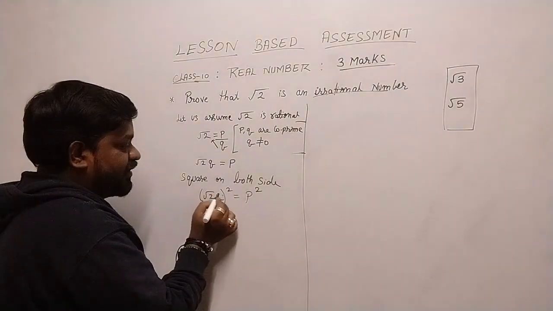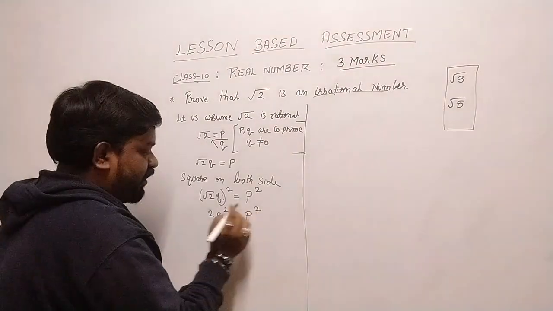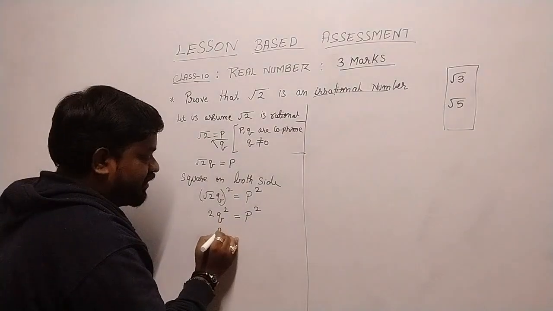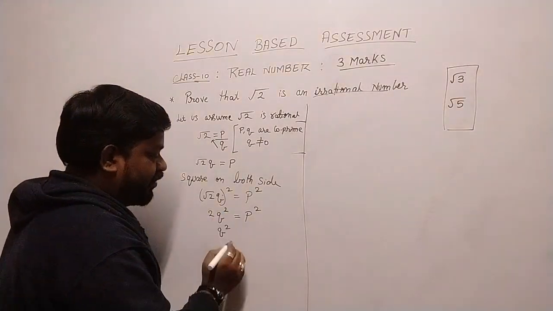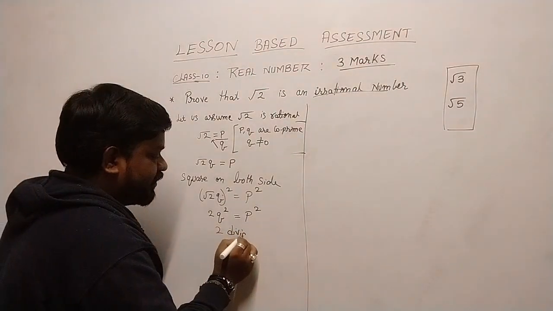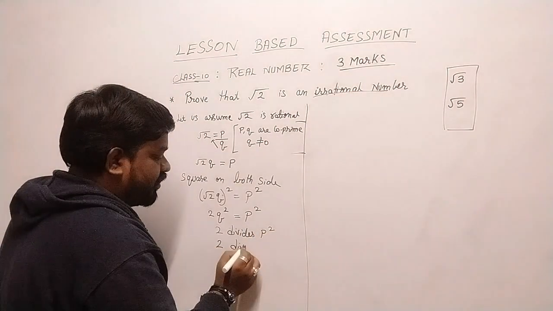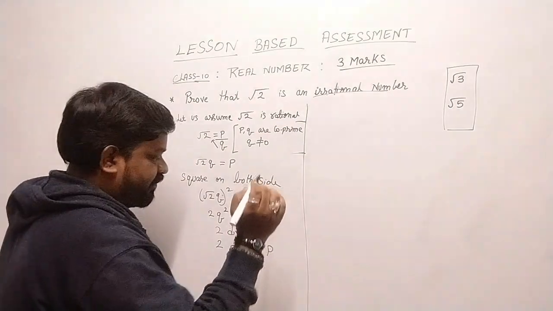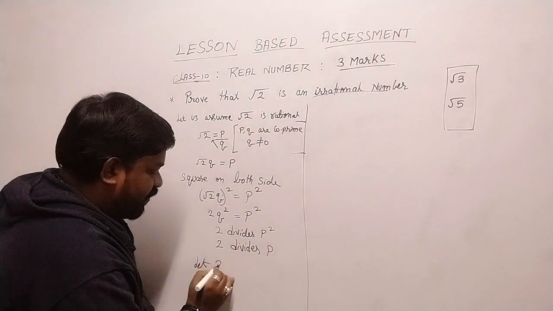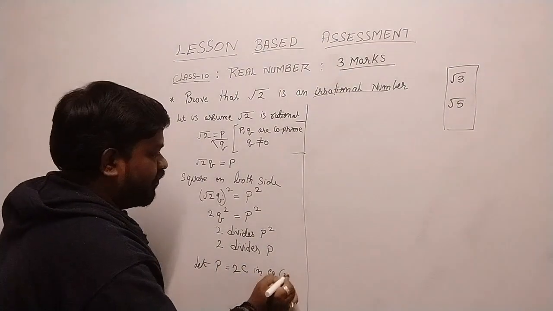Square and root get cancelled and the square remains for q, so 2q square equals p square. Now if we shift 2 to the RHS, it divides p square, right? Therefore you write 2 divides p square and 2 divides p.